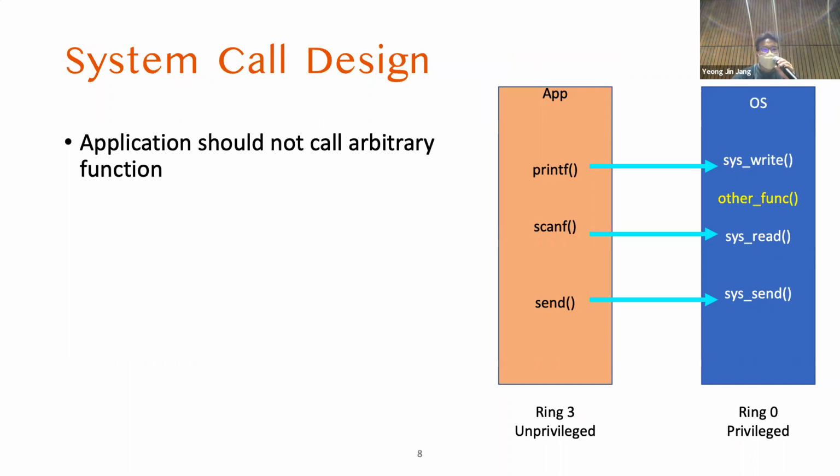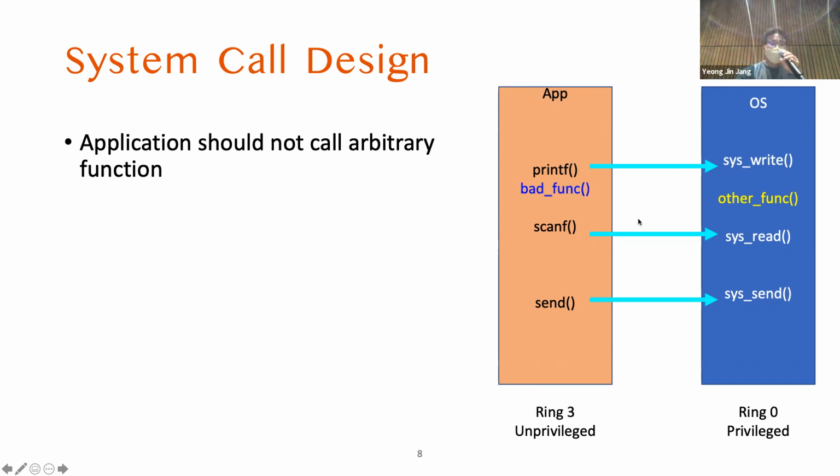But think about some of the problems. Suppose this application uses these three functionalities. From the operating system's point of view, it's okay to allow them to access the write, read, send functions whenever they request them. But suppose the operating system has some other functionality.